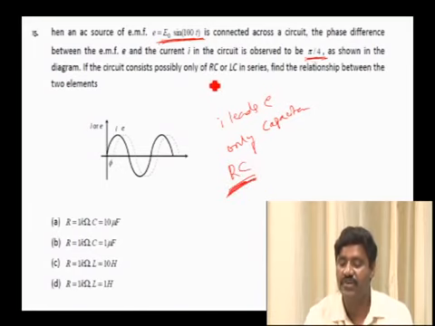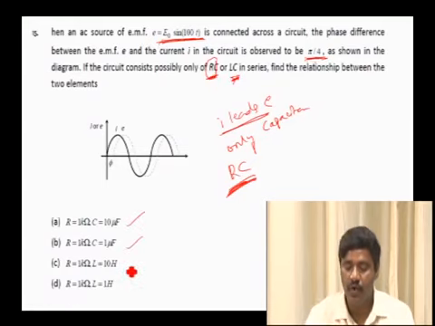They have mentioned RC or LC, but here it is only RC, not LC, because current is leading. In the case of LC, it's different. If it is RL, voltage will be leading, but in RC, current will be leading. It should be an RC combination. If you look at the 4 options here, RC combination we have 2 options, RL combinations we have 2 options.